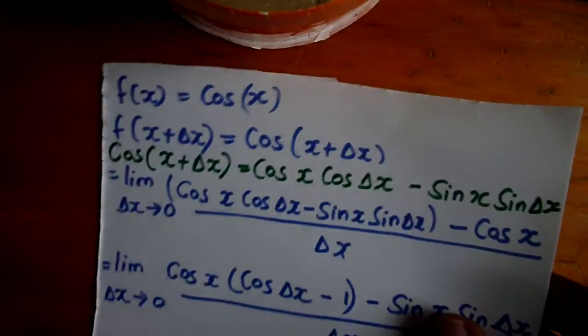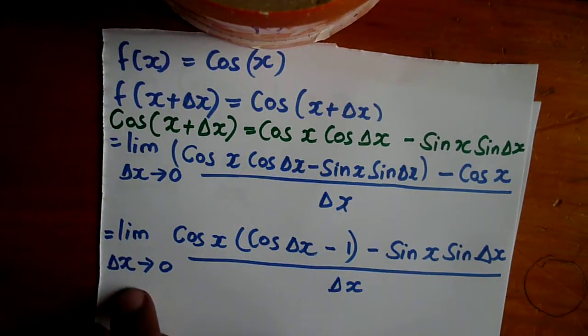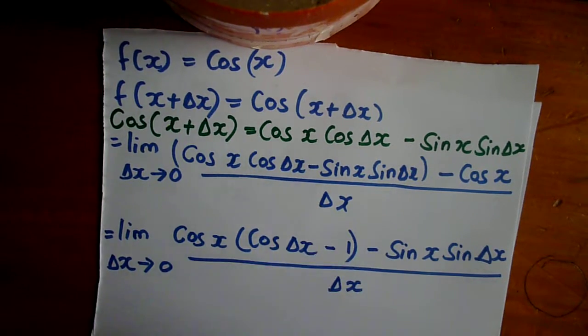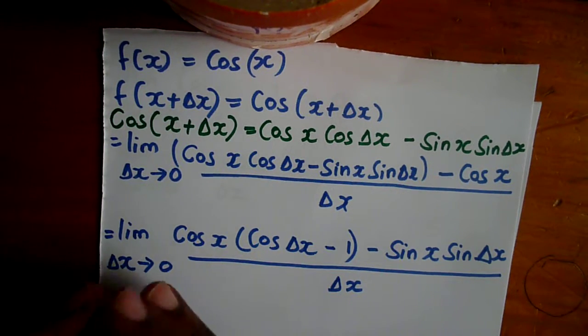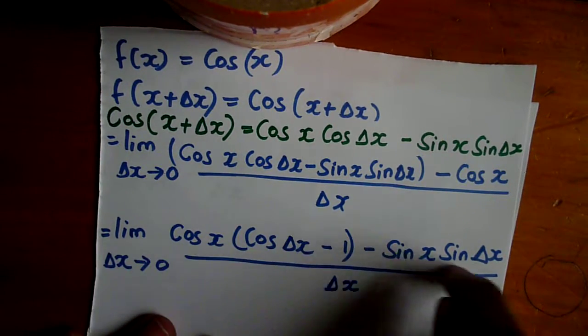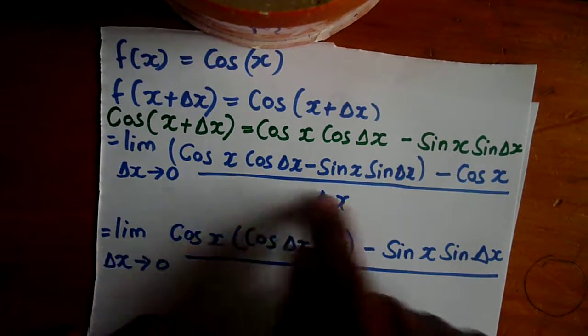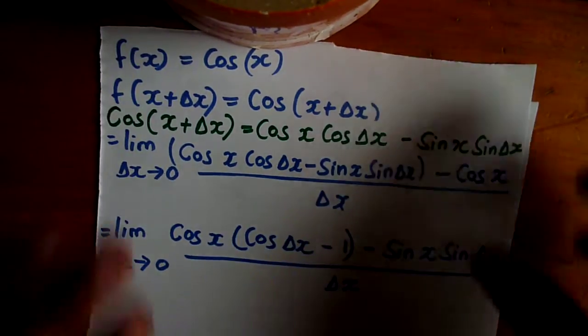And since, let's come to this equation again. Since we have a limit and we have a minus sign, it's okay for us to divide the limit into this term and this term. And since we also have a denominator of change in x and we have a minus sign, it's okay to put the change in x under this term and change in x under this term as well.